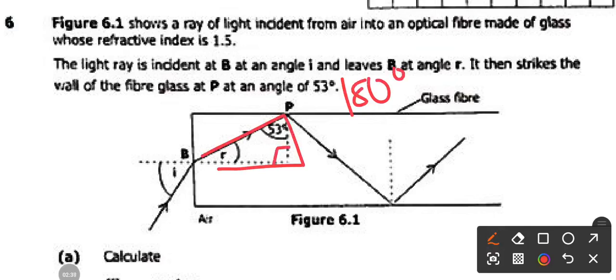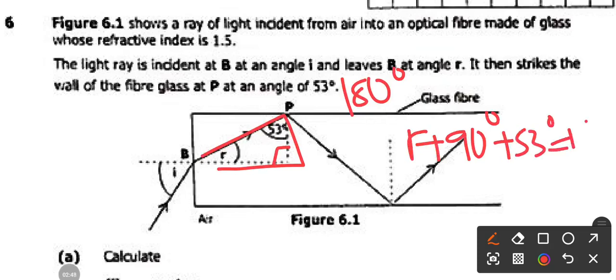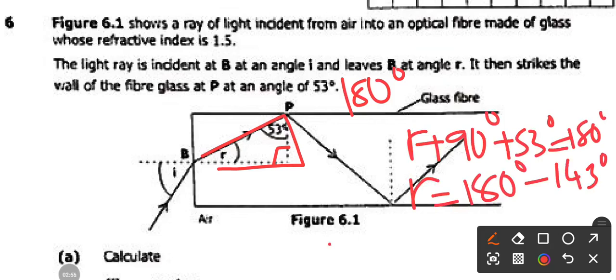There's a right angle there. So R plus 90 degrees plus 53 degrees should give me 180 degrees. R is equal to 180 degrees minus 143 degrees, meaning that the value of R is 37 degrees.